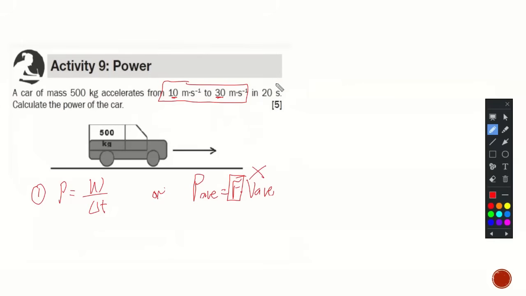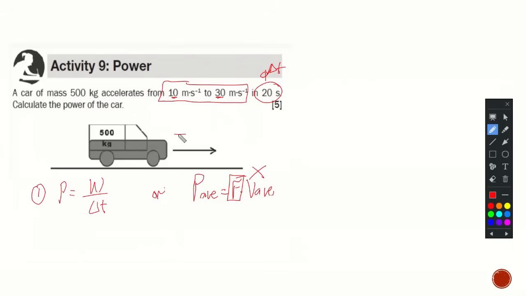If we look at this, we can see that we are provided with delta time, and we can calculate the work done, the work done to accelerate the car. Obviously that would be the net force. If we touch on Newton's second law, we know that when a net force is applied on an object of mass, the object will accelerate in the direction of the net force. What causes this car to accelerate is obviously the net force applied to it.